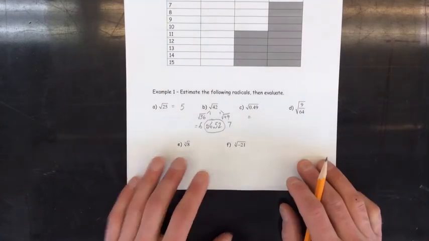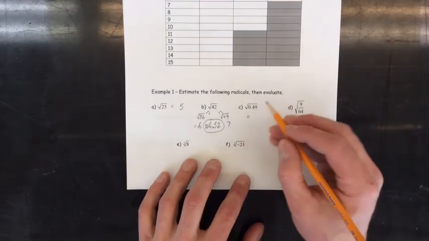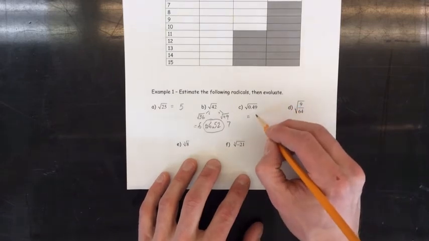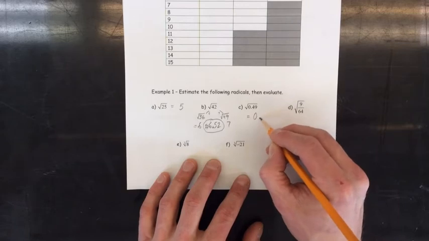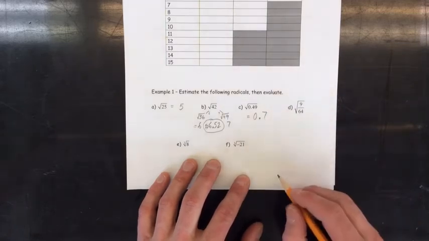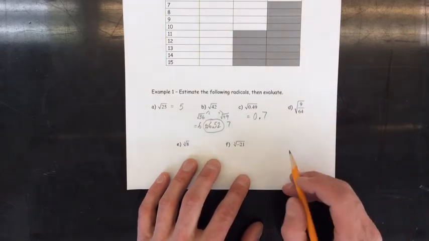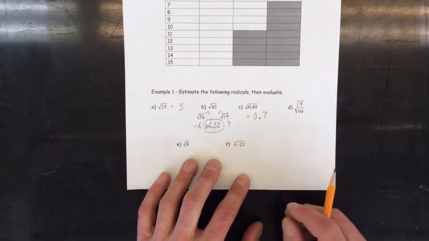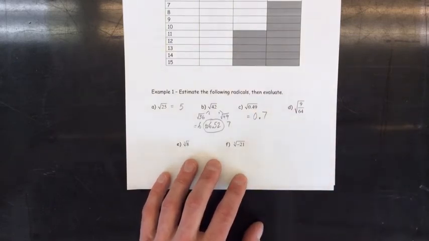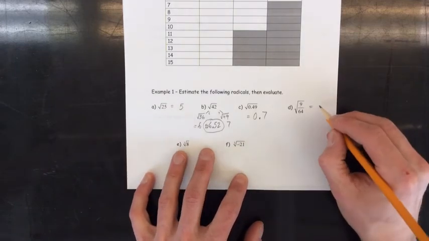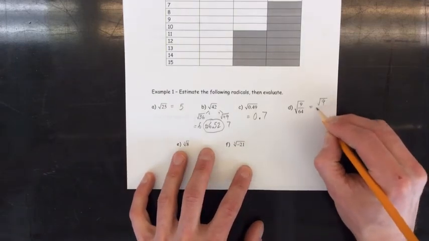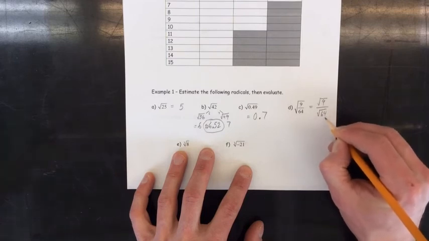With this one, because it's a decimal, to get 2 decimals, I will need 1 decimal in the answer. So the square root of 0.49 is 0.7, because the square root of 49 is 7. And here, 0.7 times 0.7 is 0.49. In this case, we could consider this like saying the square root of 9 over the square root of 64.